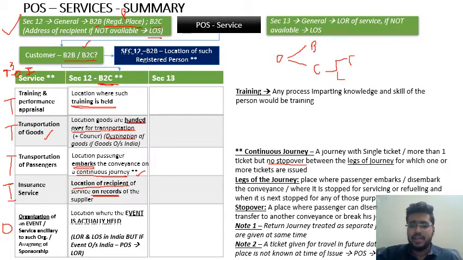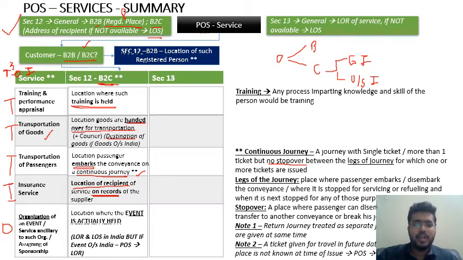Is the event being held in India, right? Or is the event held outside India, right? Excuse me for my handwriting. It's a little tough to handle it on my laptop, right? So if the event is in India or outside India, guys, this makes the difference.